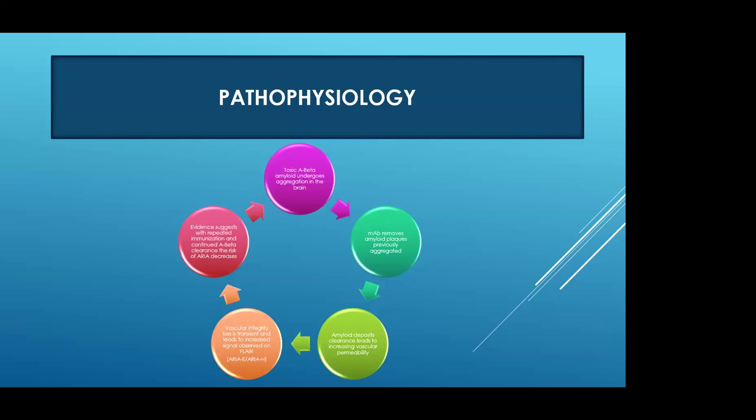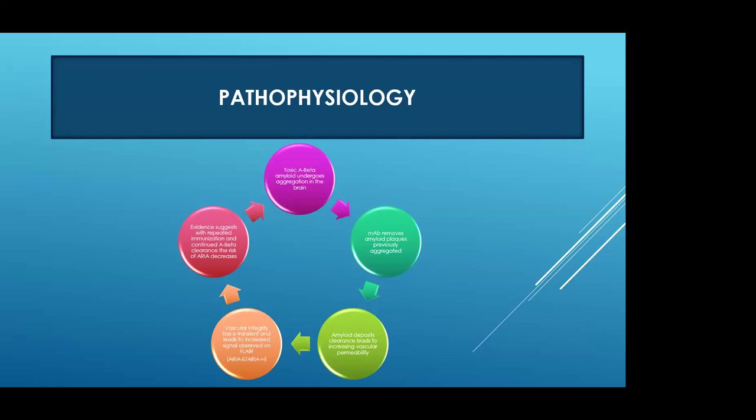And once the monoclonal antibody removes the amyloid plaque, which was previously aggregated, it will essentially create this clearance, which is going to lead to increased permeability of those blood vessels. An important thing that we should know about this is that the vascular integrity loss should be transient. And that vascular integrity loss is actually responsible for the increased signal that we see in these MRI sequences. Well, I'm talking about ARIA-E and ARIA-H.